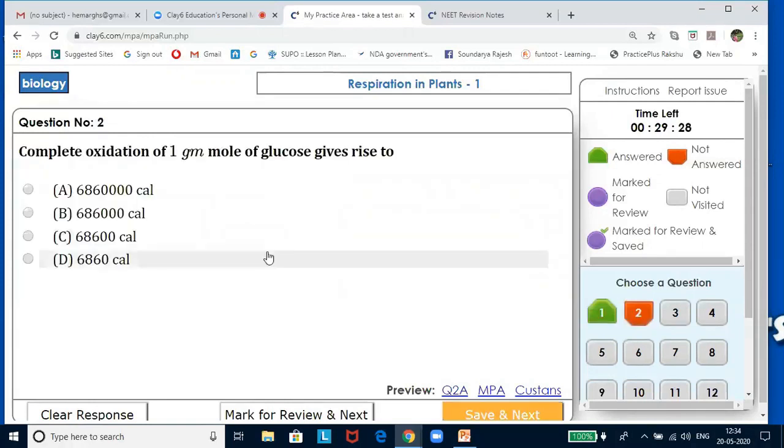Complete oxidation of 1 gram mole of glucose gives rise to. So if you look at it, complete oxidation of 1 gram mole, that is 180 grams of glucose, will yield 686 kilocalories, which is nothing but 686,000 calories of energy. That is B. So you have to be very careful in conversion.